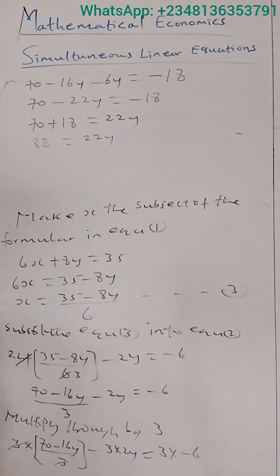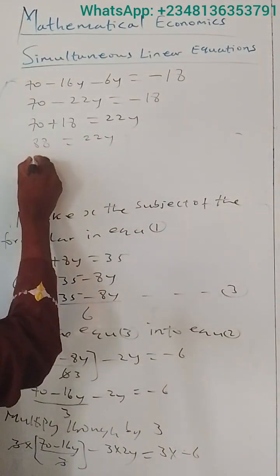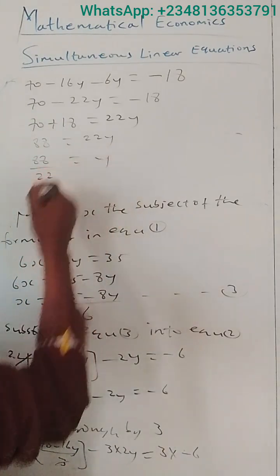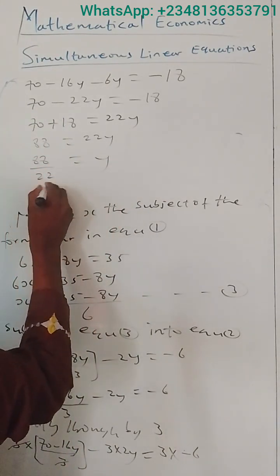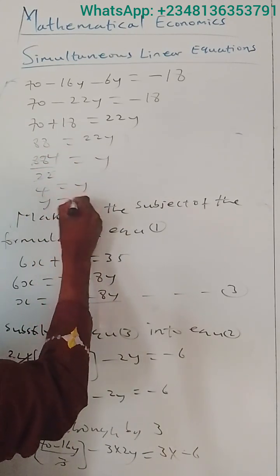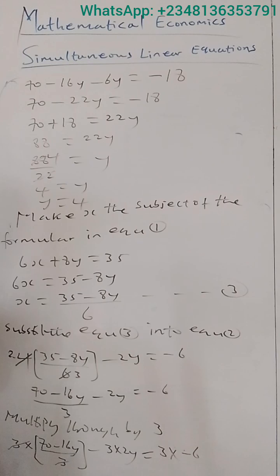What is the coefficient of y? It is 22. So I have 88 divided by 22 equals y. Then I have 4, so y equals 4. Meaning that the value of y here is equal to 4.